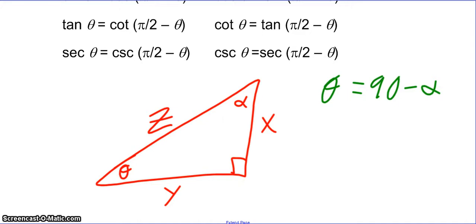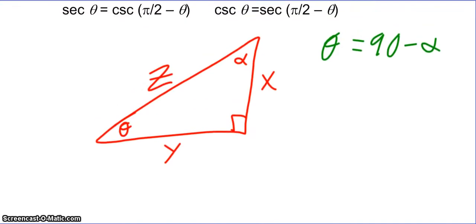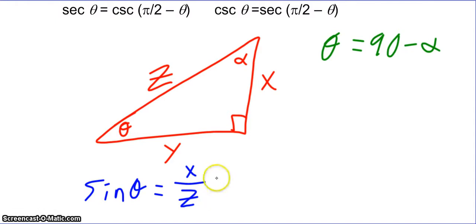Okay, well, I know from this picture that I've drawn, the sine of theta is x over z, but that's also equal to the cosine of alpha.